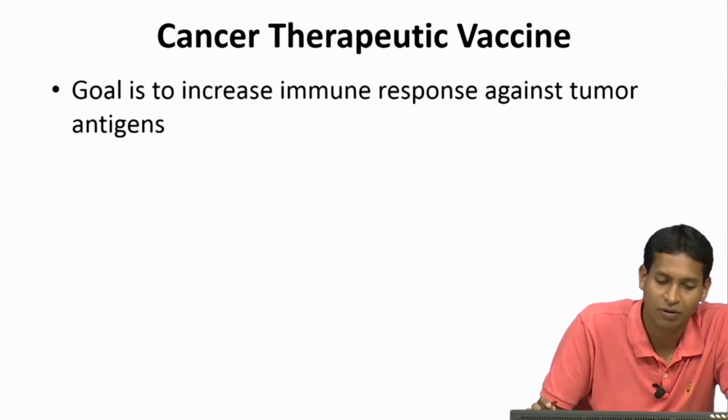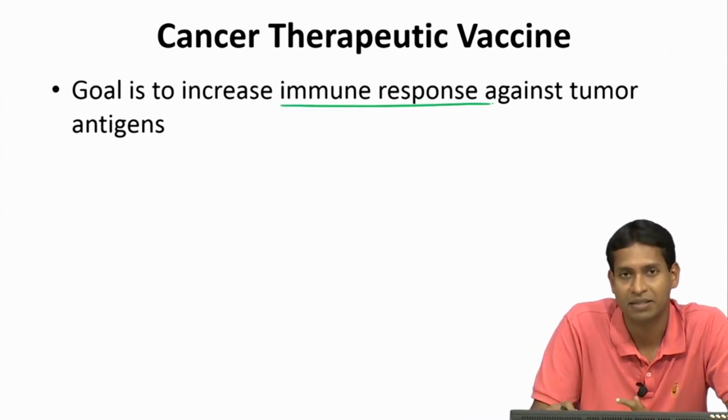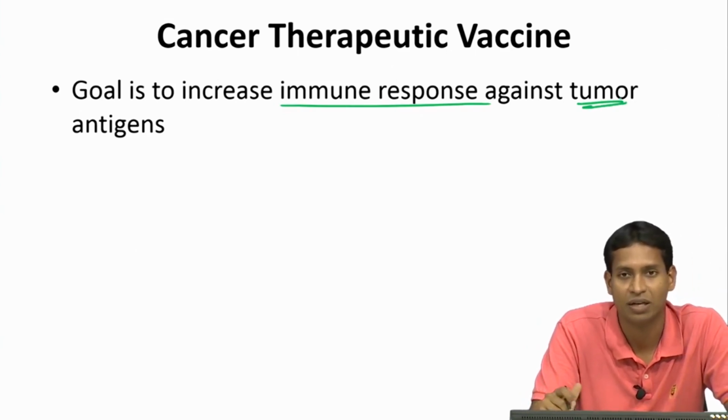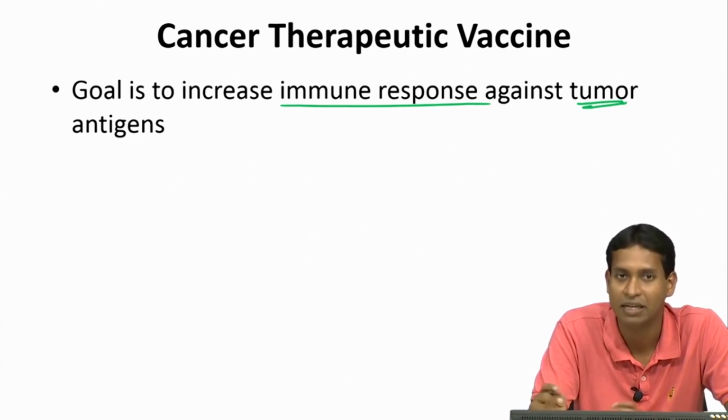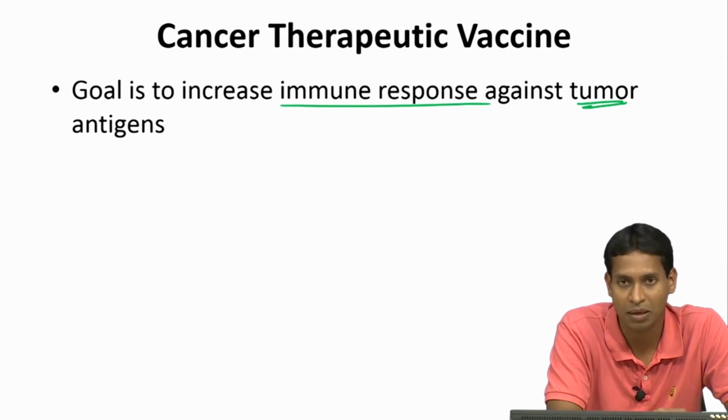And so, the goal overall here is to increase the immune response against tumor antigens. Those tumor antigens are caused by mutations in your normal cells initially. If we can get the immune responses against these antigens to go up, then the immune system can come and kill your cancerous cells, right.